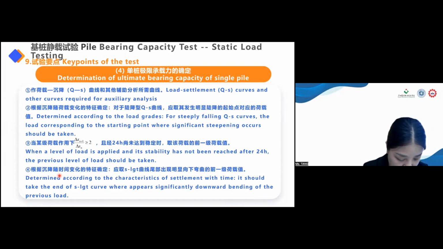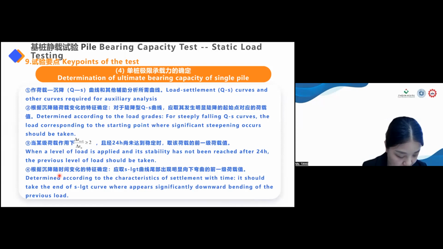According to the characteristics of settlement changing with load, the load value corresponding to the starting point of obvious steep drop shall be taken for the steep drop type Q-S curve.